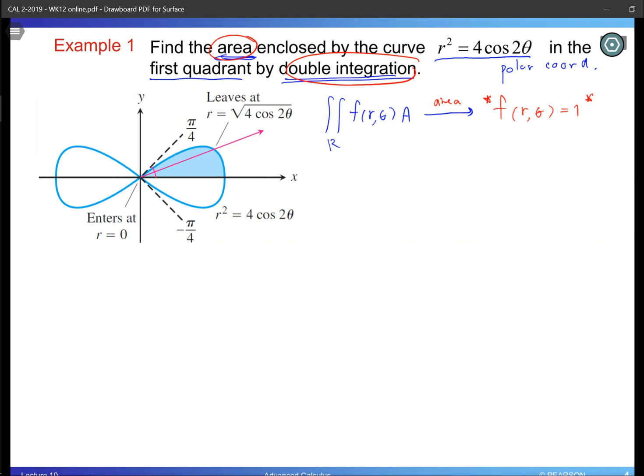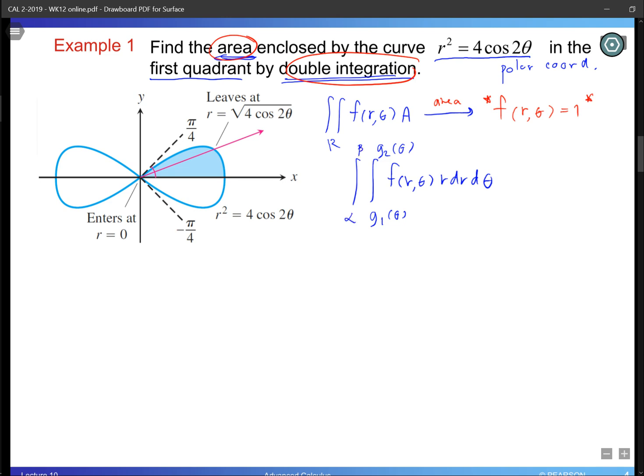Looking at this diagram, it has an irregular shape. It's not so simple like we saw before. So definitely we are going to use the second formula. Here we expect to use this formula: double integration of f of r, theta, r dr d theta, and we need to know the inner function g1 theta and outer function g2 theta, and for the angle it's going to sweep from alpha to beta.